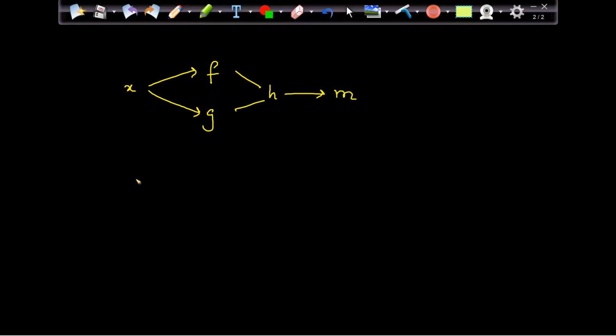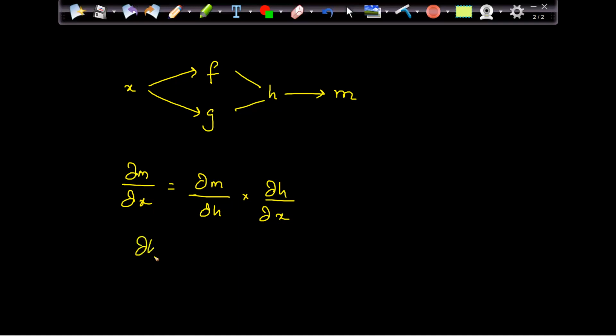I am looking for ∂m/∂x, which is nothing but ∂m/∂h multiplied by ∂h/∂x. This is one part. Basically this is what I want. And what is my ∂h/∂x? ∂h/∂x is nothing but these two things, right?